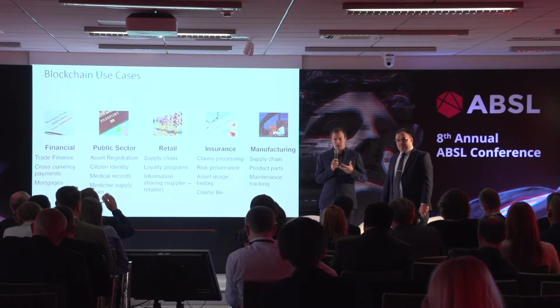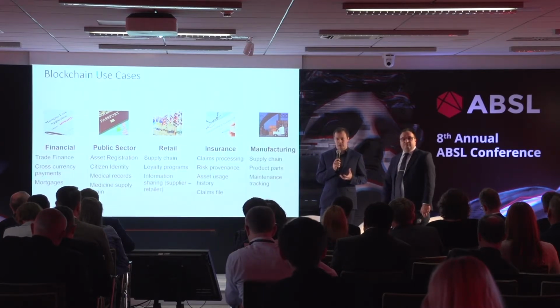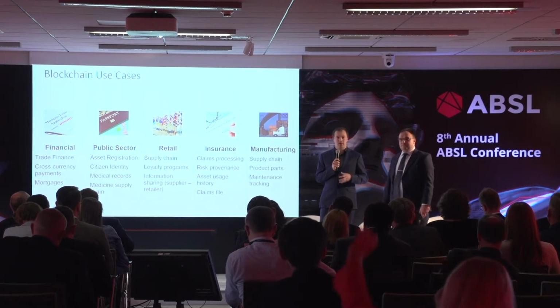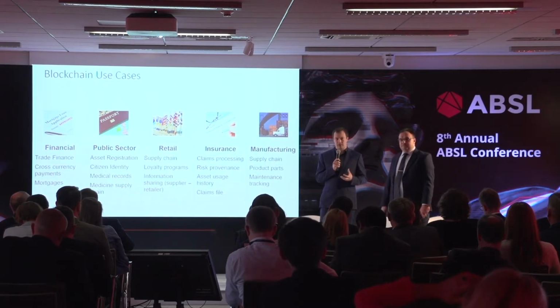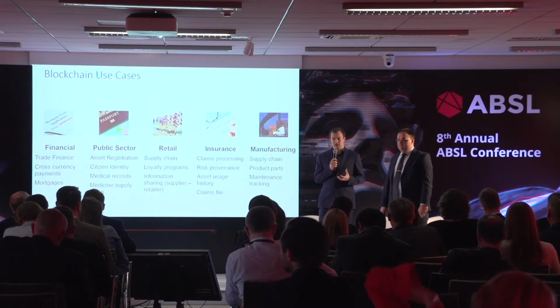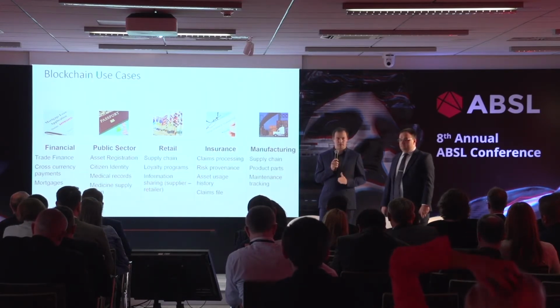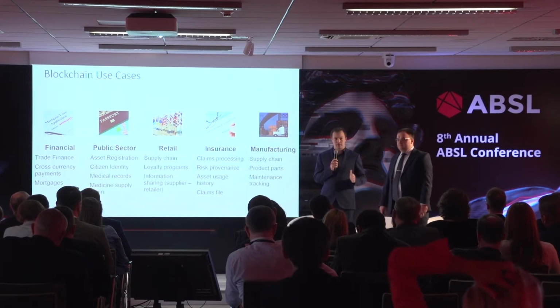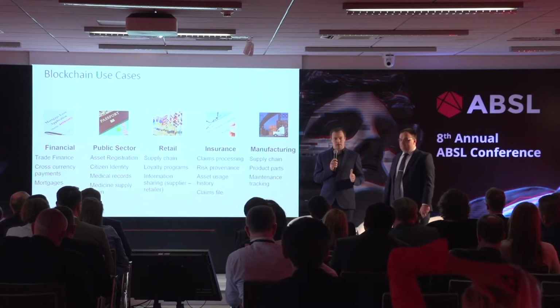So when the diamonds are being mined, they are photographed, they get an identification, and they are entered into the blockchain. So within the process, wherever you sell it, it's all connected and it's all sold through the blockchain.